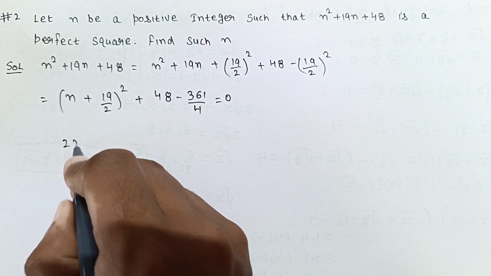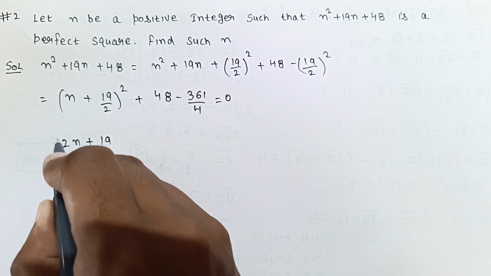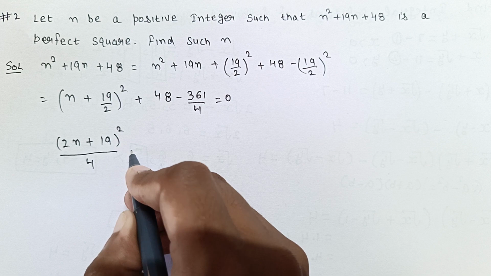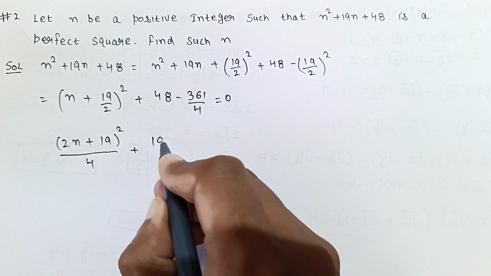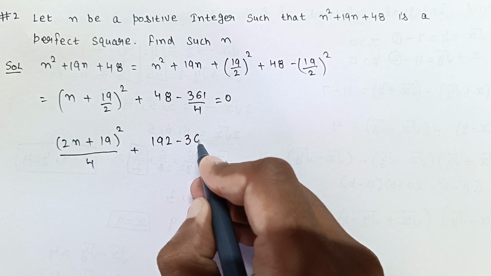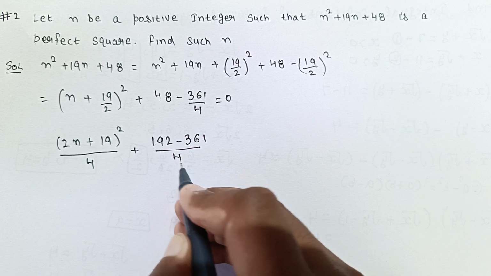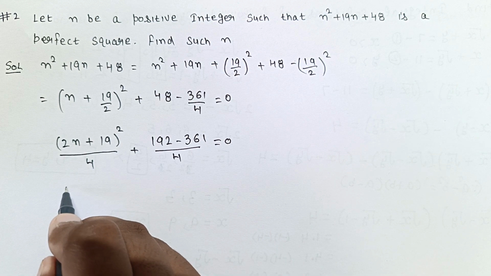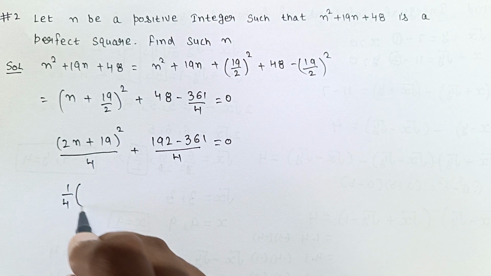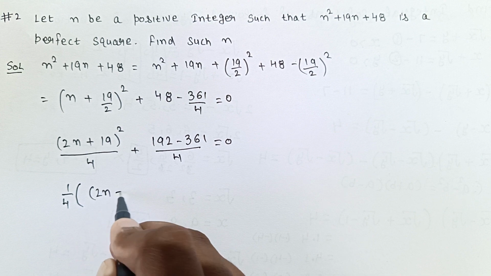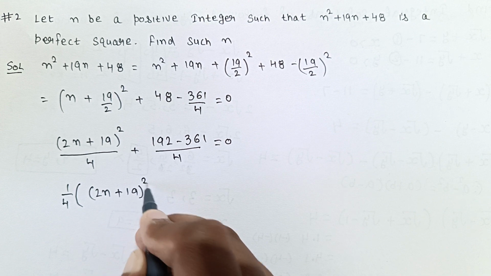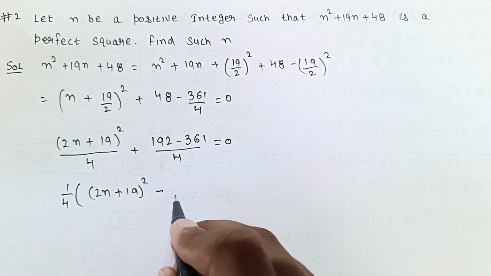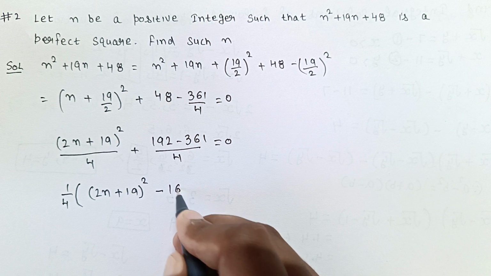So it becomes (2n plus 19) whole square divided by 4, plus 192 minus 361 divided by 4, equals 0. I have taken 1 by 4 as common, and inside we get (2n plus 19) whole square, and the remaining part is 169.